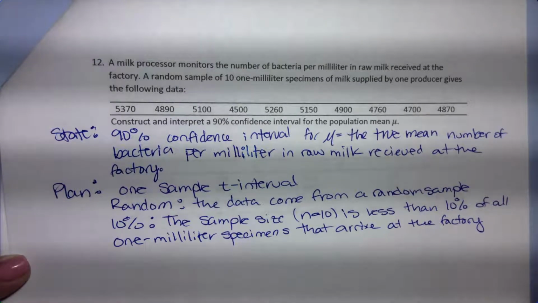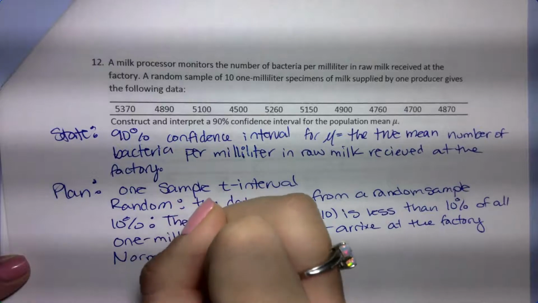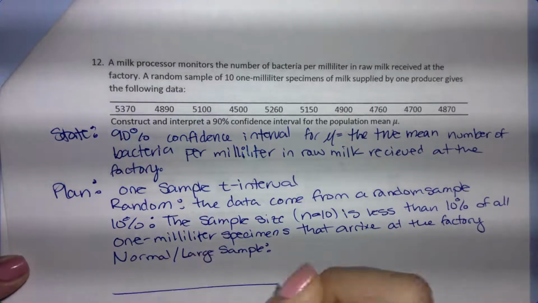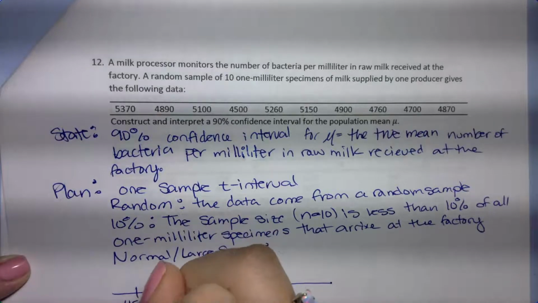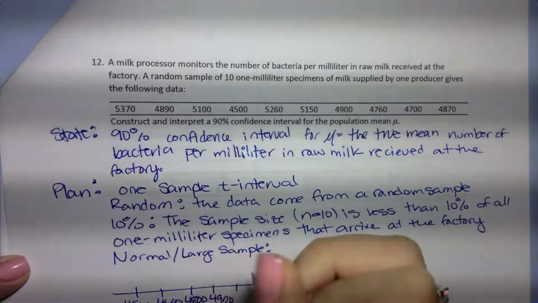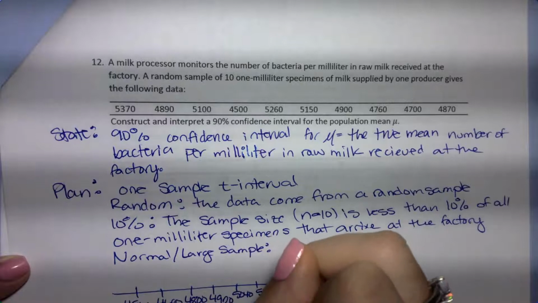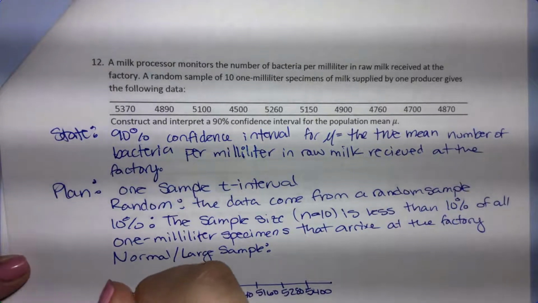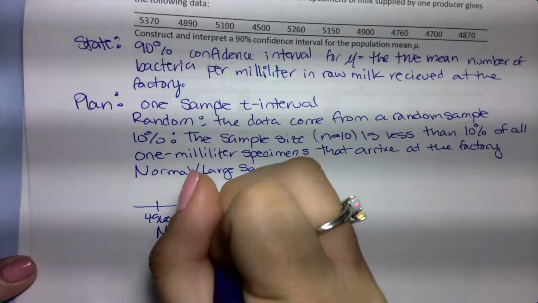Then I want to do a normal large sample. So for this one, I am going to draw out a dot plot. And then I want to label my dot plot.